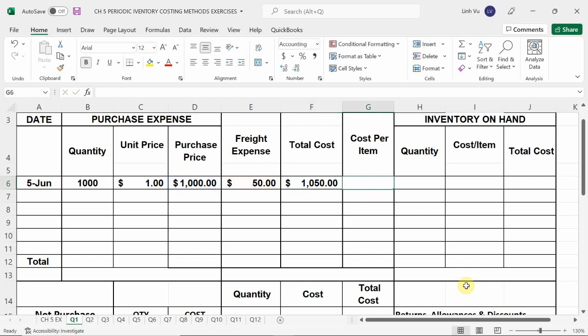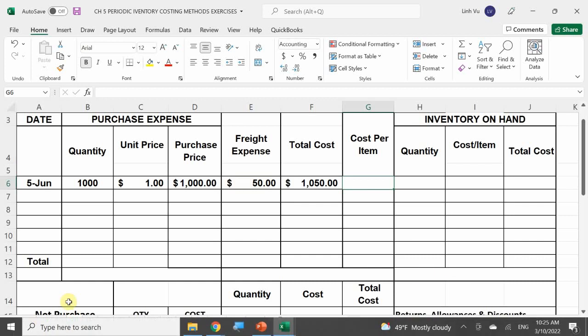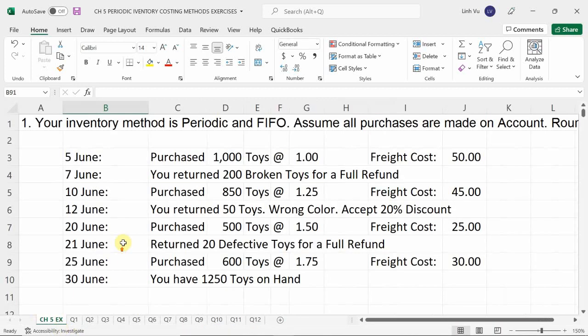So in this case, now we need to solve for our cost per item because, if you read the scenario, it says to assume that your inventory is periodic and it is FIFO. Okay, so that means we need to keep our batches separate. We need to calculate them accordingly because we are going to essentially sell them by batch.